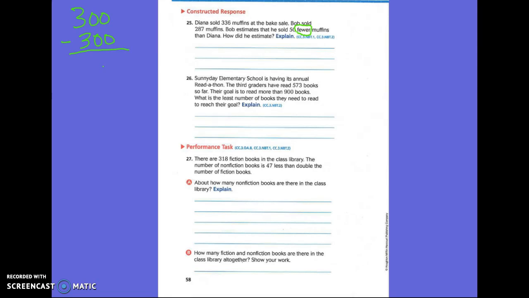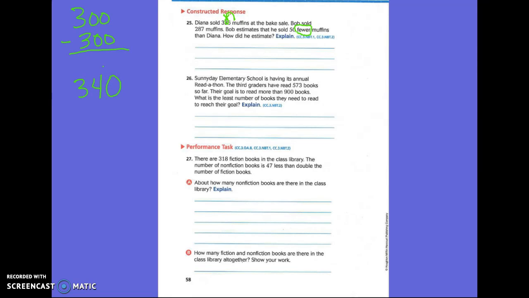Let's try the nearest 10. 336, what does that round to the nearest 10? You look at the tens place. That is either going up or staying the same. What does the 6 tell the 3 to do? Go up. Okay, so that would be 340, right?